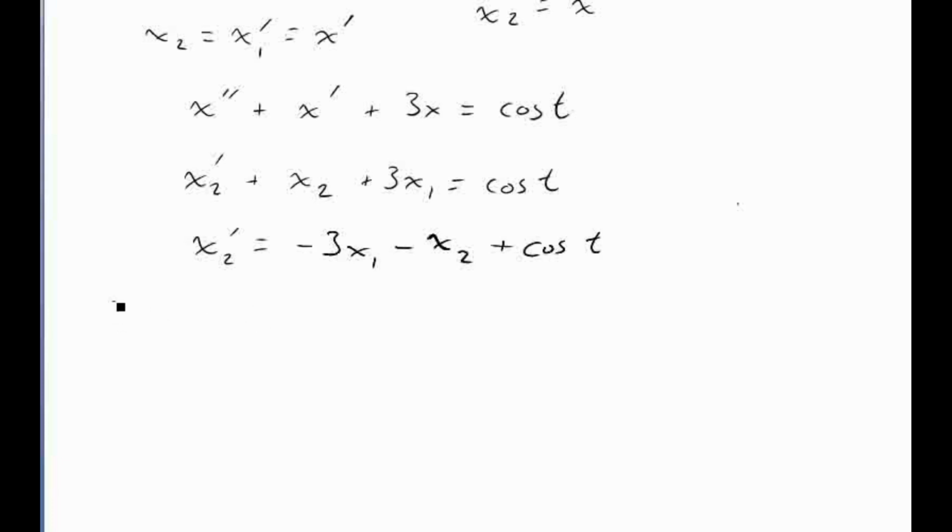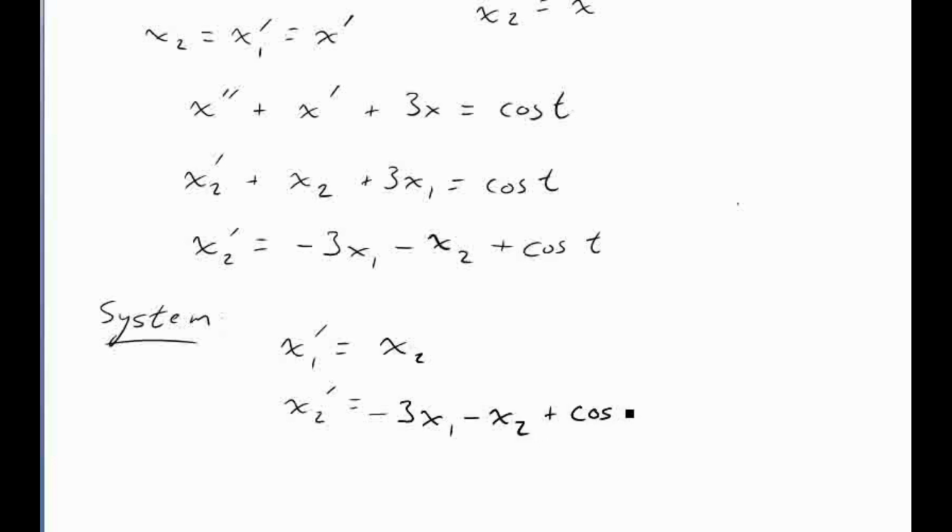And then that means our system is going to consist of x1 prime, x2 prime. That's how you make a system of first order differential equations. It's just something prime equals this, something else prime equals that. The x1 prime is equal to just x2. And x2 prime, that's what we just found, equal to negative 3x1 minus x2 plus cosine t.